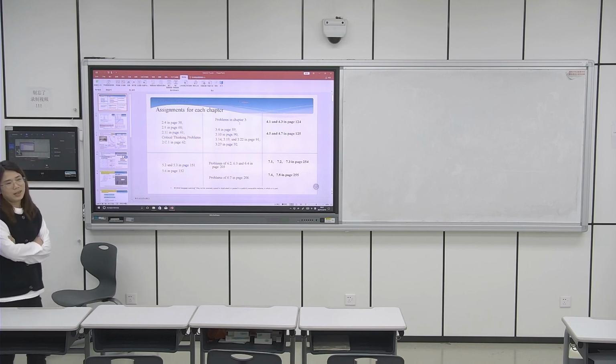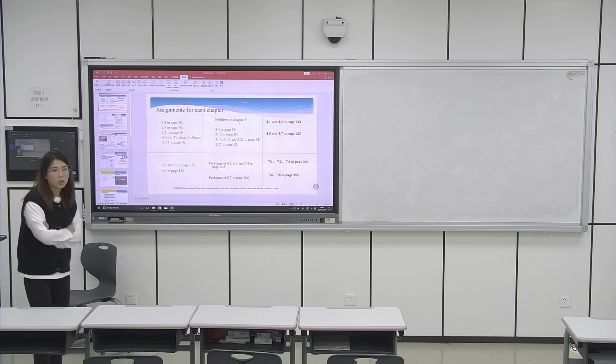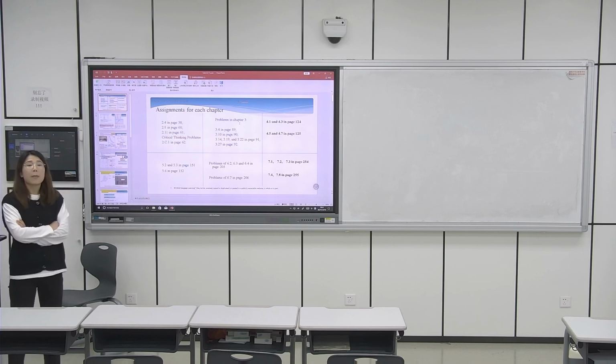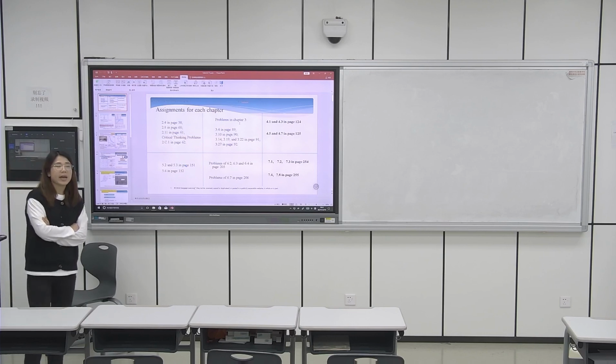So, okay, in the second chapter, we learned the origin of soil, right? How soil comes from. But in the second chapter, the main thing is about the particle size distribution, the mechanical analysis, right?